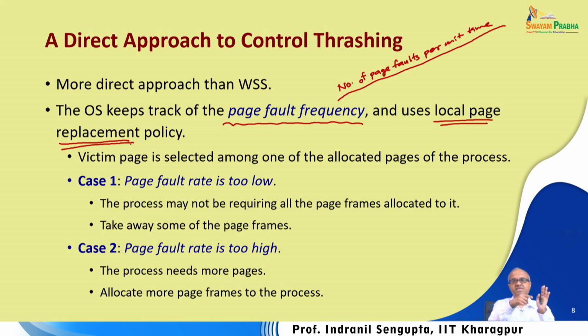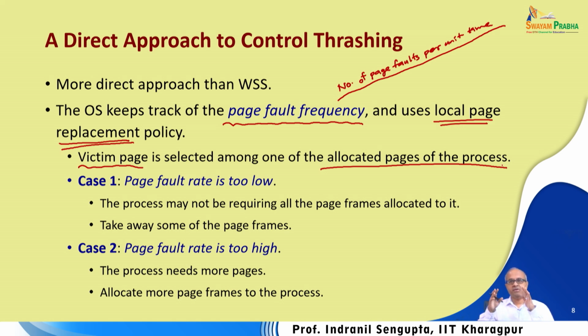So while PI is executing, if there is a page fault and you need to select a victim page for removal, one of those pages will have to be removed. So PI will not take away pages from another process PJ, that will never happen. Okay? So all page replacement will happen from its own allocated frames. That is mentioned here. The victim page is selected among one of the allocated frames of the same process.